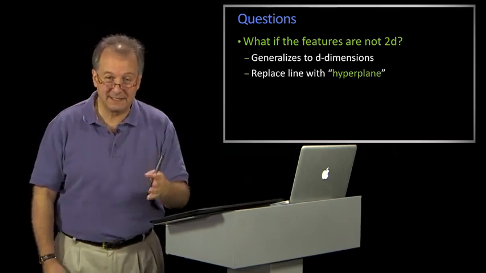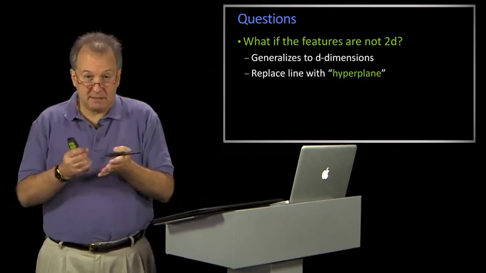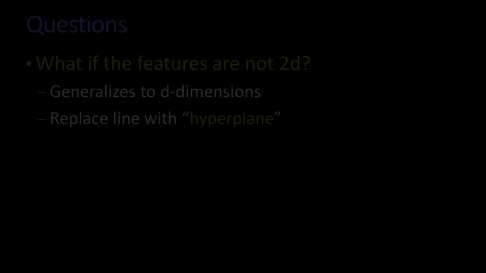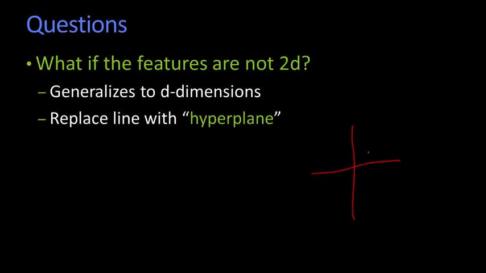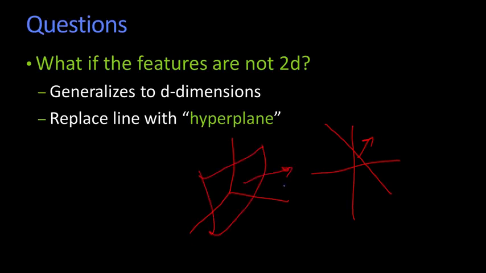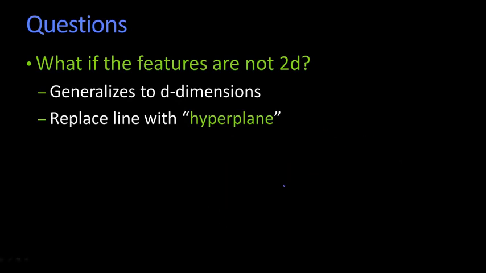The math is exactly the same, because in 2D, a line was defined by the normal. Well, in 3D, a plane is defined by the normal, right? So as long as I have this normal W, I'm getting a plane. In 3D, it's a real plane. In ND, it's an n-1 hyperplane. But other than that, all the math is the same.